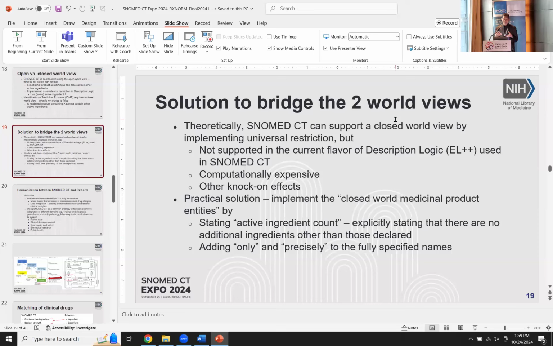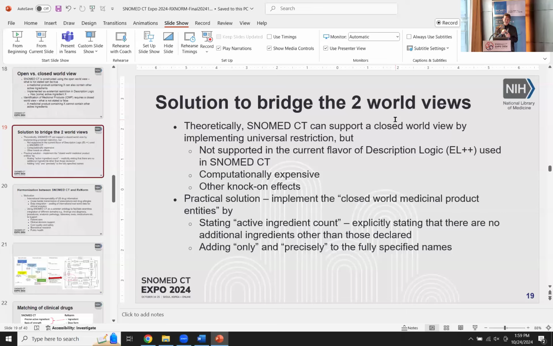So the practical solution, short of implementing this universal restriction in SNOMED CT, is that we would try to mimic the closed worldview by two things. First of all, if a certain drug contains more than one ingredient, we'll clearly state how many ingredients it has.